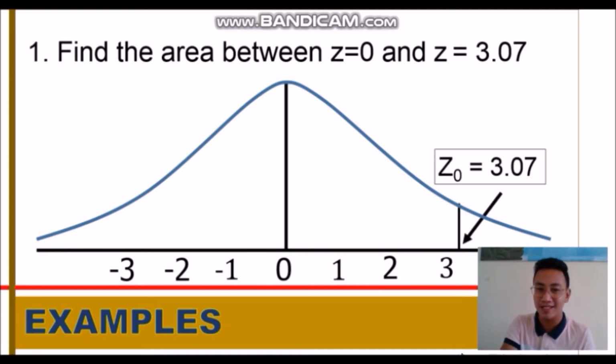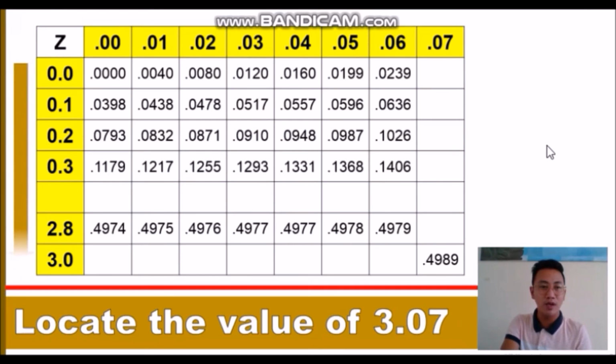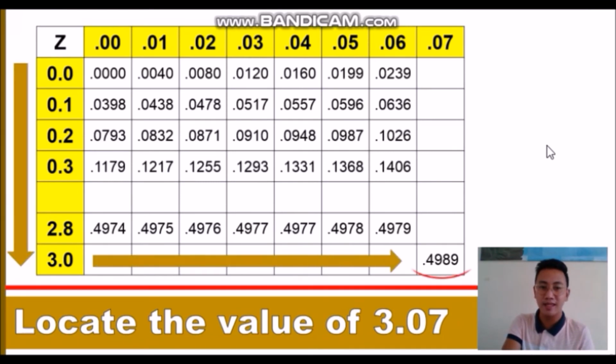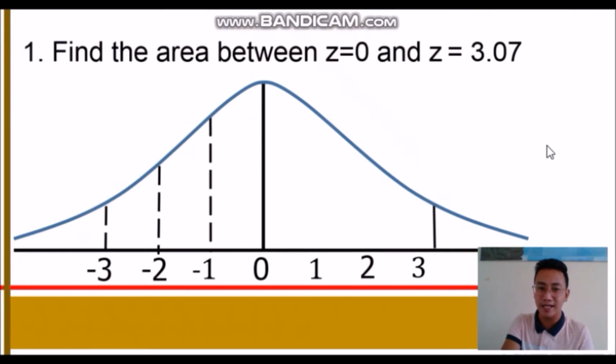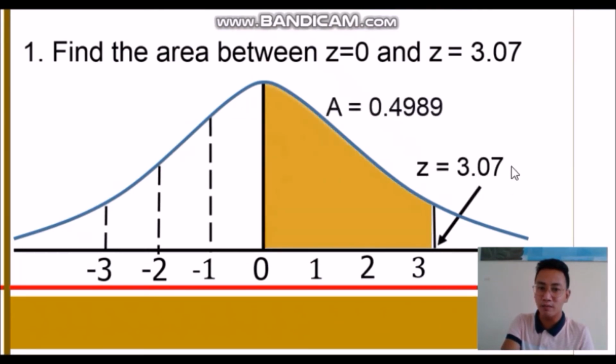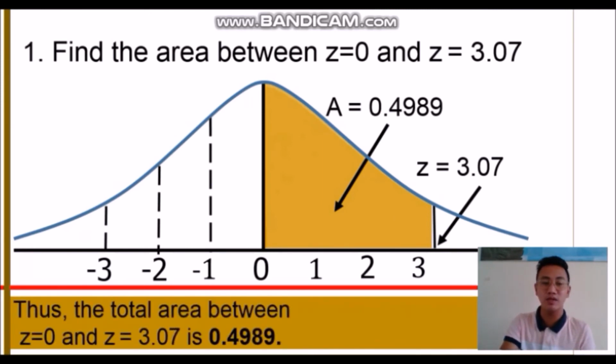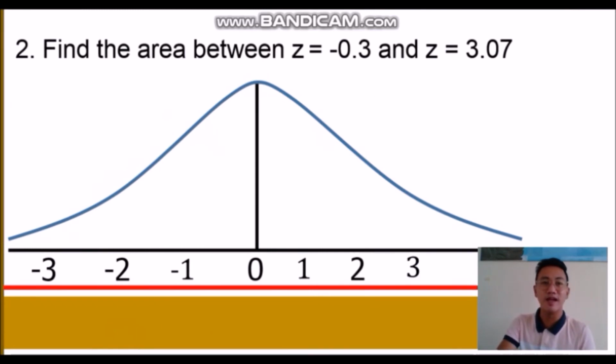We're going to find the area of 3.07 from the table, and we have already located it, and the area is 0.4989, and that is the area of 3.07 from the mean, which is 0. Thus, the total area between z is equal to 0 and z is equal to 3.07 is 0.4989.